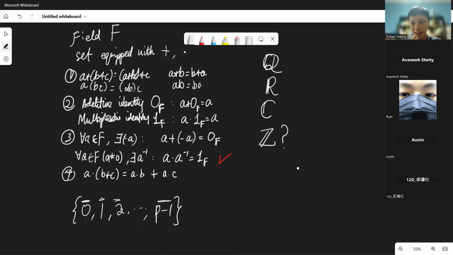Is there a simple way to prove that every single non-zero element in this set has a multiplicative inverse? In particular, after multiplying by it, it becomes 1.